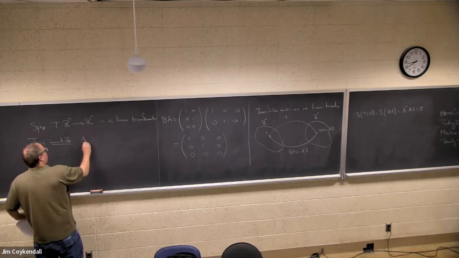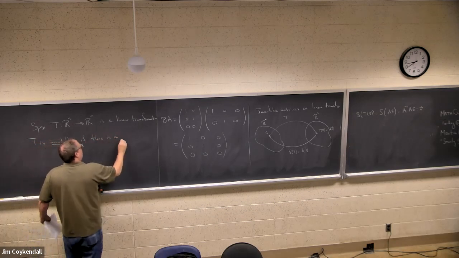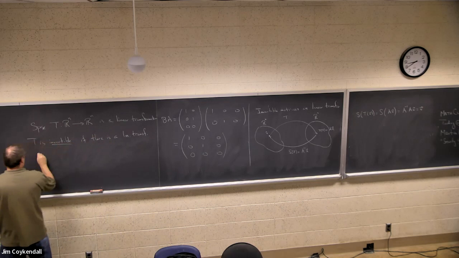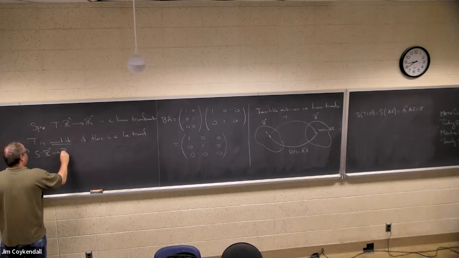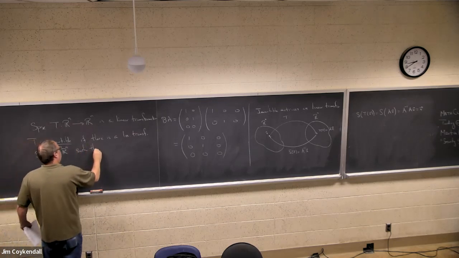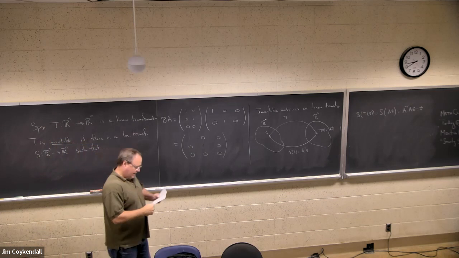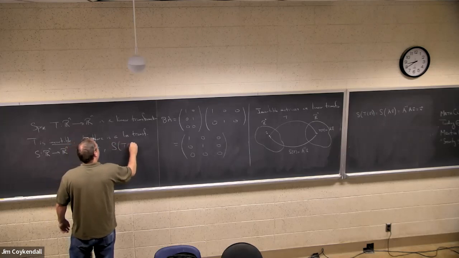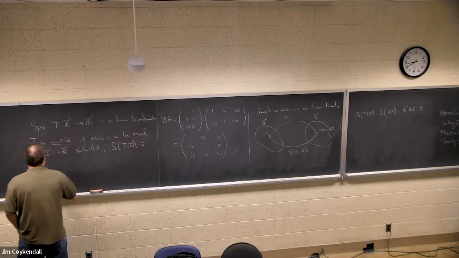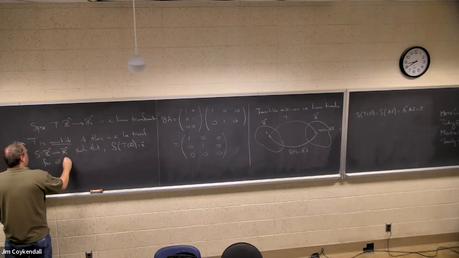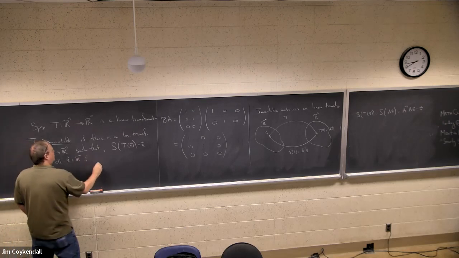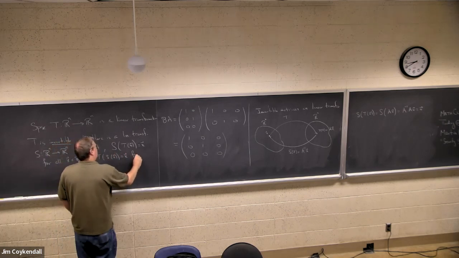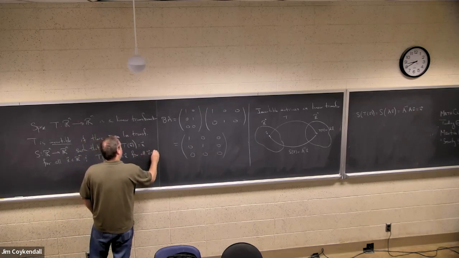If there is a linear transformation S from Rn to Rn also, such that S composed with T of x is x for all x in Rn, and T of S of x is equal to x for all x in Rn.